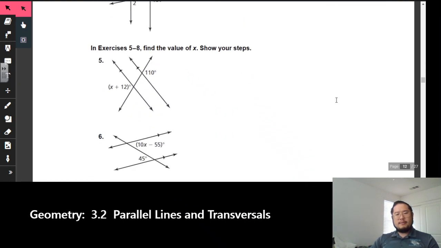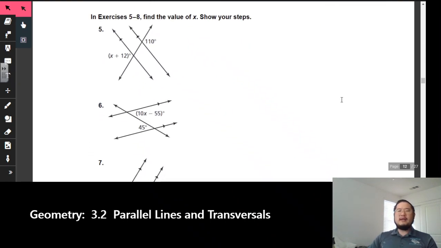Now you're going to have to apply all that in actually finding maybe a variable. So like right here on number 5, hopefully we realize we have alternate exterior angles. Remember, alternate exterior angles are congruent. So I can say that x plus 12 is equal to 110 degrees.